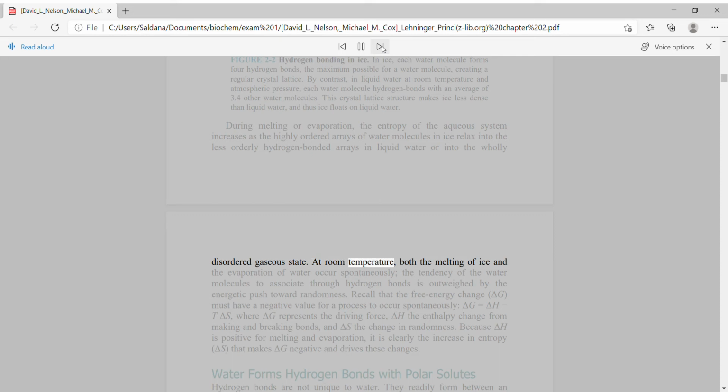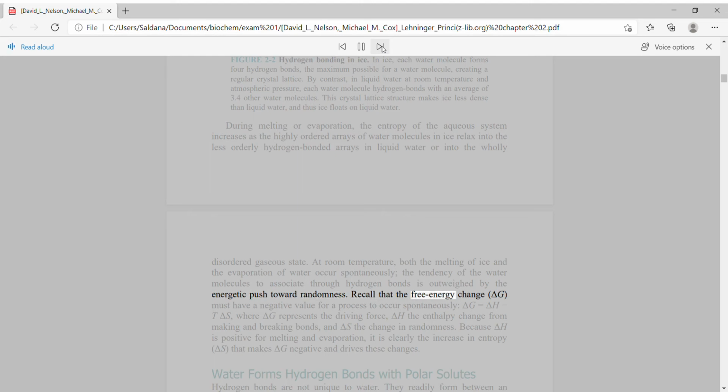At room temperature, both the melting of ice and the evaporation of water occur spontaneously. The tendency of the water molecules to associate through hydrogen bonds is outweighed by the energetic push toward randomness.